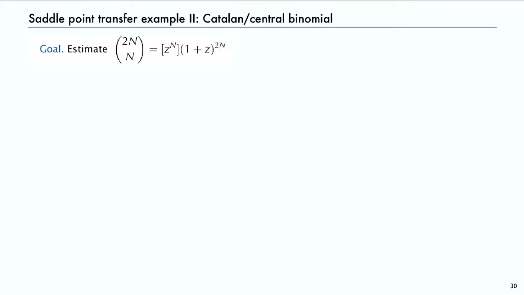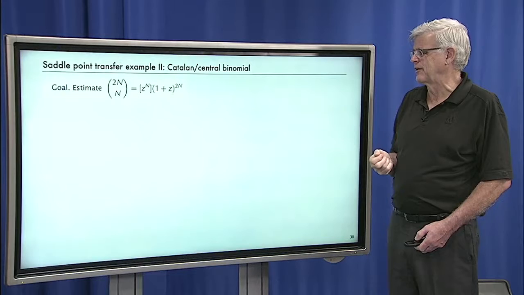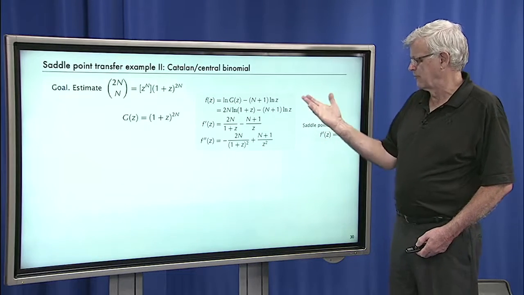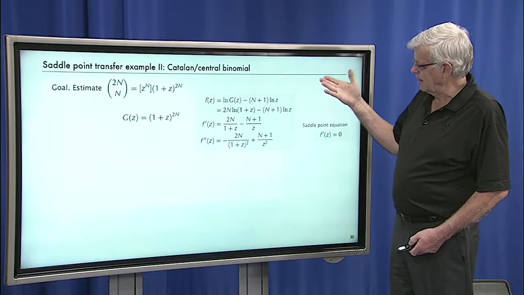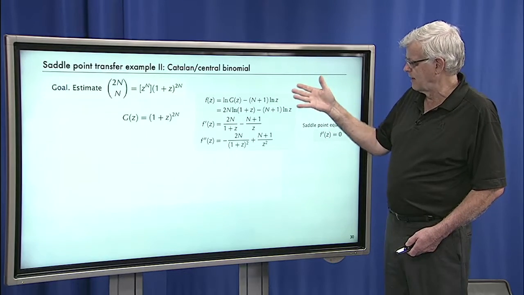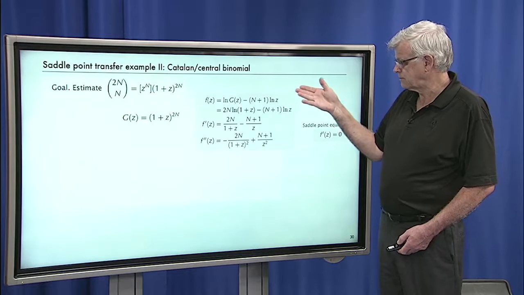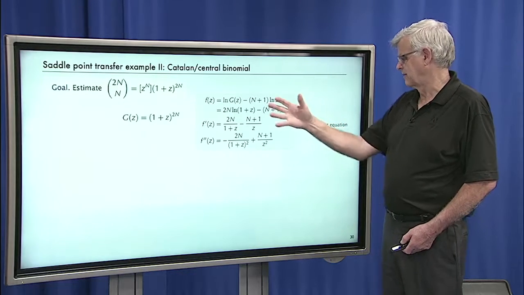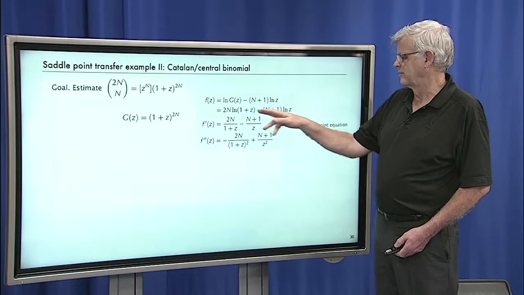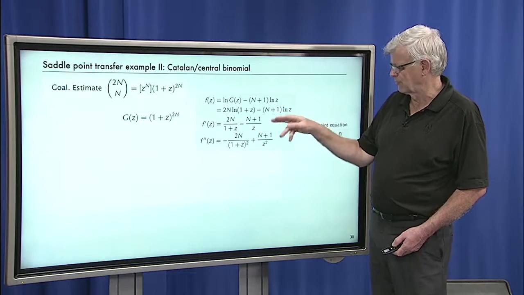So let's look again at the transfer for the central binomial case. Now we're estimating the coefficient of z to the n in (1 + z) to the 2n. That's our g of z. If we take log of g of z minus (n+1) log of z, we define that to be our function for the saddle point equation. The first derivative is 2n over 1 plus z minus (n+1) over z.